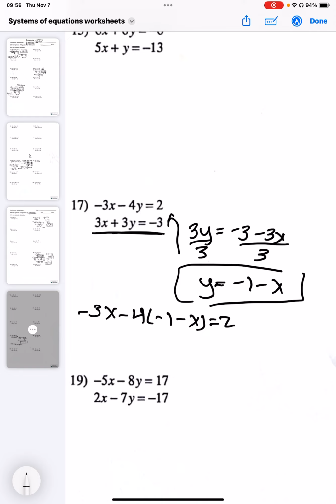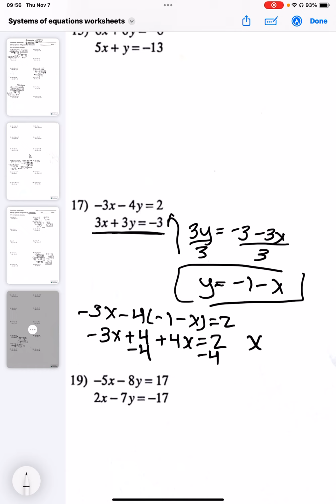All right. So then I can distribute. I have negative 3x, negative and negative is positive, plus 4. And then a negative 4 times a negative x is going to give us a positive 4x is equal to 2. We're going to subtract 4 from both sides and combine negative 3x and 4x. So we get 1x, right? Negative 3 plus 4 is 1x.